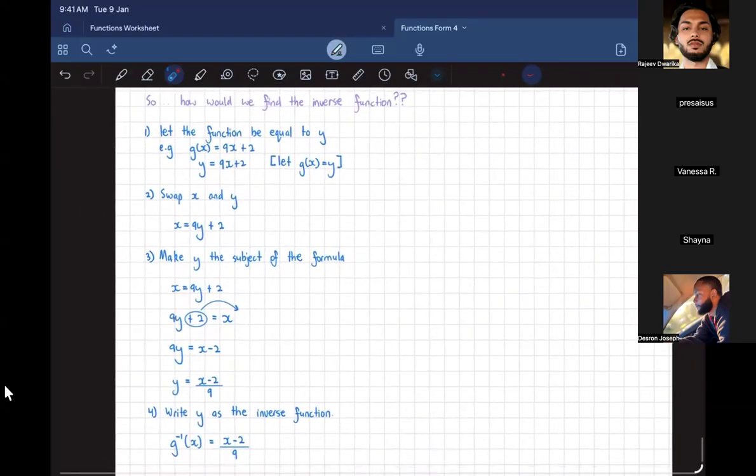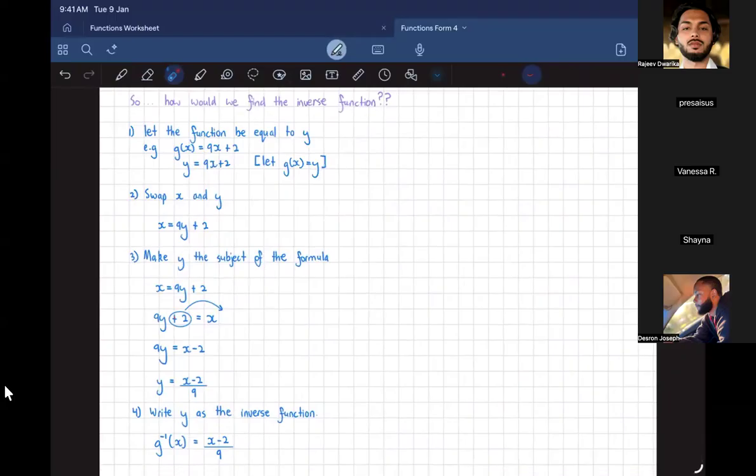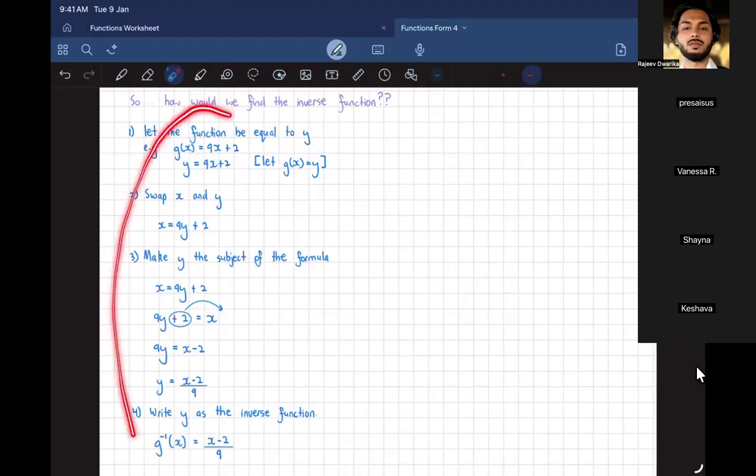I feel like if I could have seen all your faces, a lot of you would have been confused. If all are real confused, tell me. Tell me, guys. I don't mind going over anything. Keshava, you still there? Yes, sir. Keshava, you did algebra in school yet? Yes, sir. Like making things the subject of the formula? Yes, sir. Okay, good. Did I do anything here that was extremely confusing?